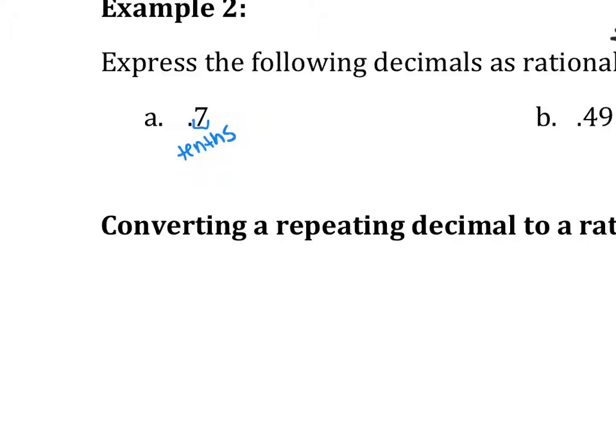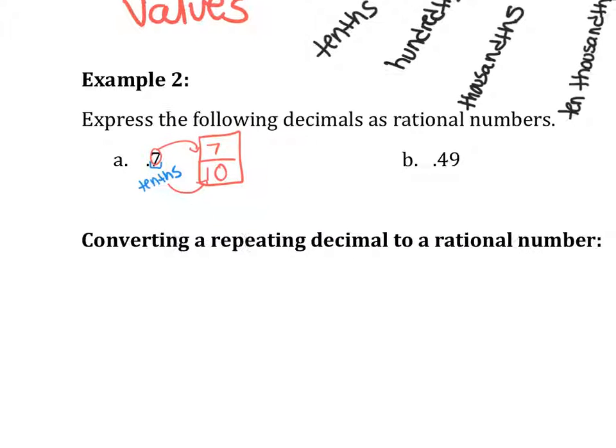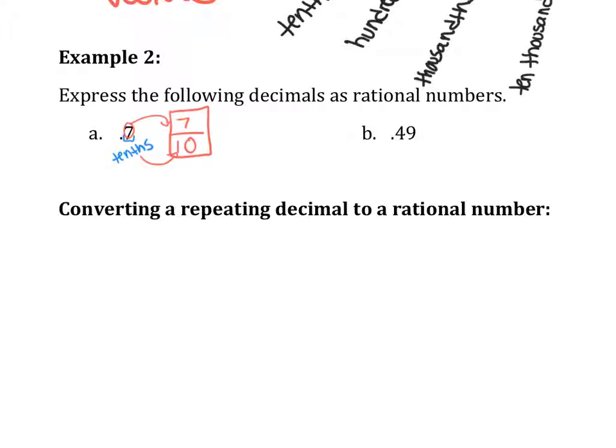So our fraction would be 7 over 10. And so 0.49, 49 would be our numerator. What place value does that 0.49 end in? The hundredths, so 100 is our denominator.